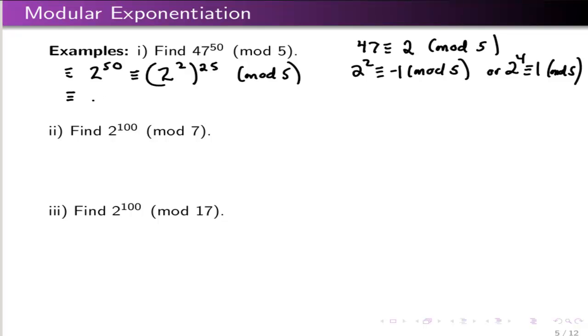And we have a negative 1, substituting in that 2 squared is negative 1. So negative 1 to the 25th is just negative 1. And so if I'm asking what's the least residue, I would say 47 to the 50th is congruent to 4 mod 5.